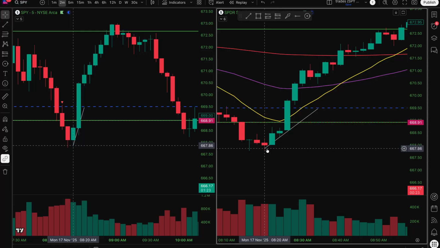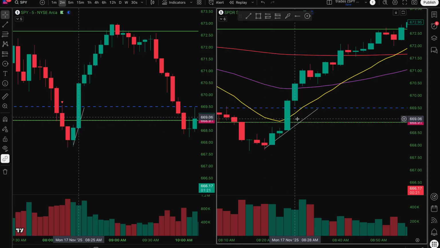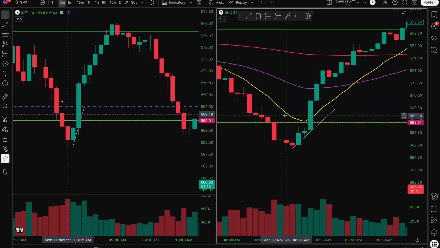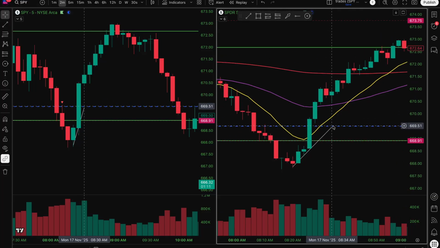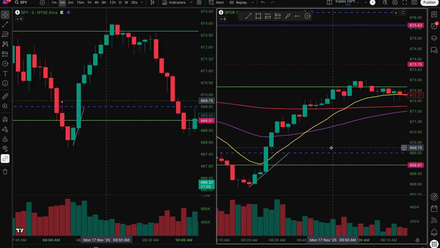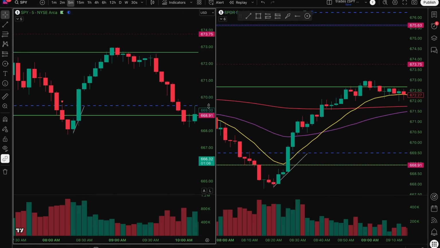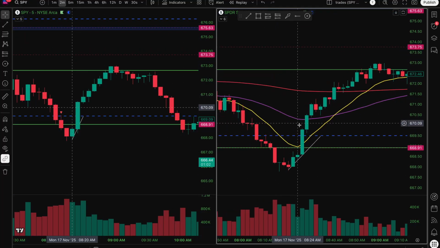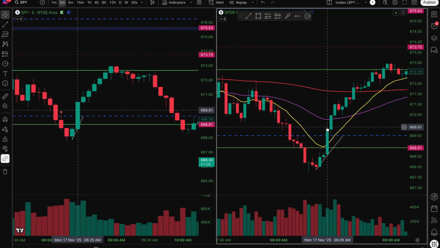So ideally, I'd like to just mark that trend line and then wait for a break below that trend line to enter the puts. Since we didn't break that right here, that was invalid for me, so I didn't take the puts. So that's one way to use the time frames and the EMAs as well.